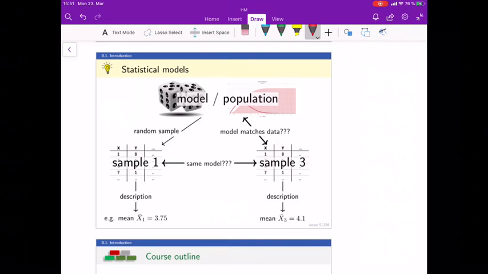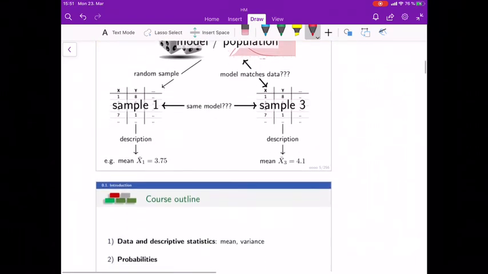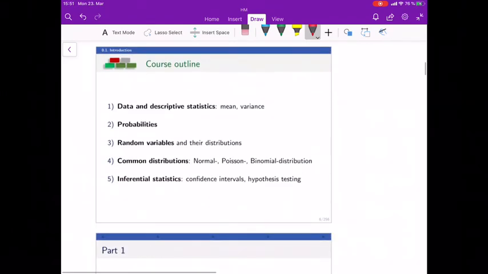So this is the outline for the whole statistics part. In terms of lectures, it will be broken down to this. So one is descriptive, we just describe data. Then we talk about probabilities. We need this as a tool for the random variables in part 3, where we then talk about the model behind everything.